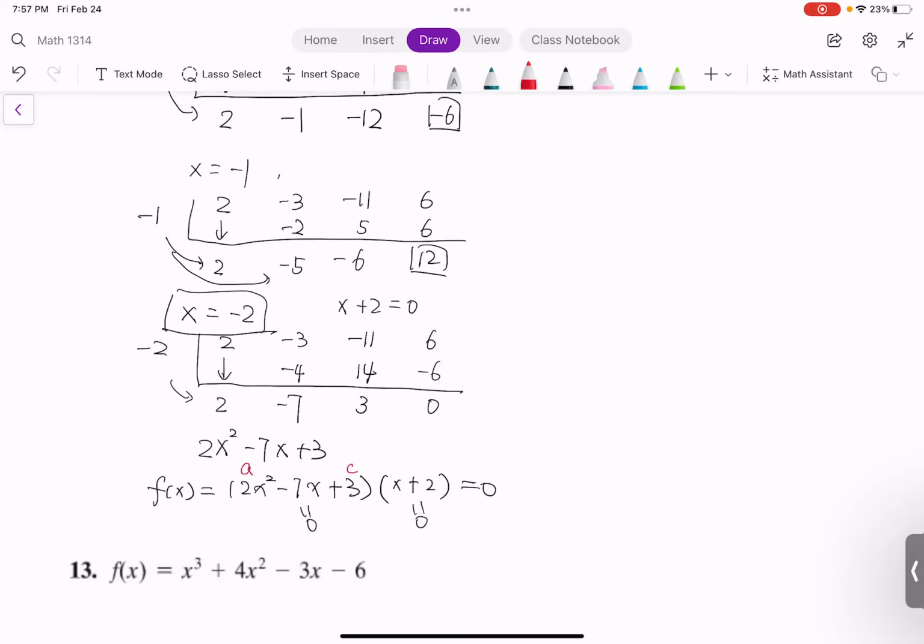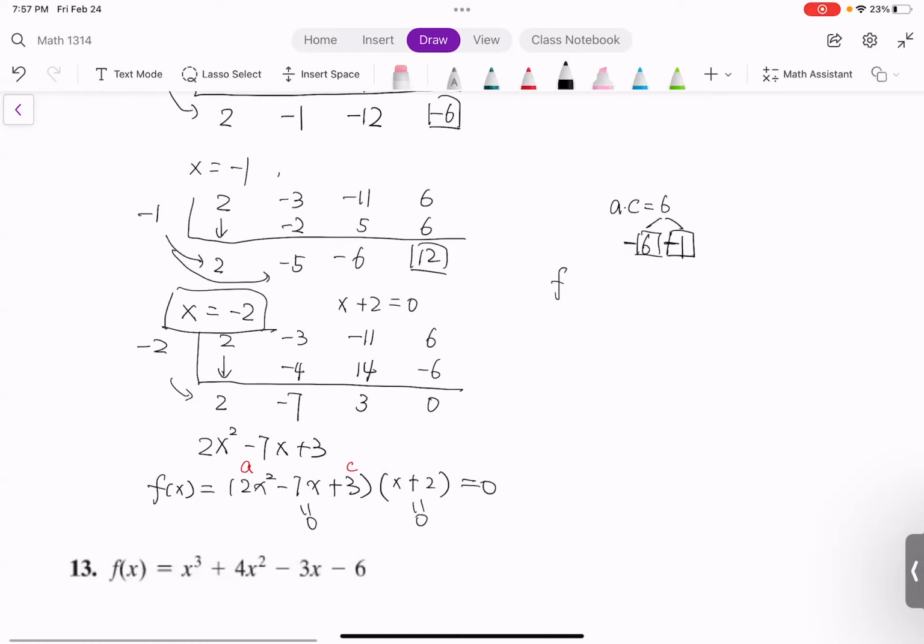So A times C equals 6, and we find two factors whose addition makes negative 7. They must be 6 and 1, both of them negative. Then the addition is negative 7.